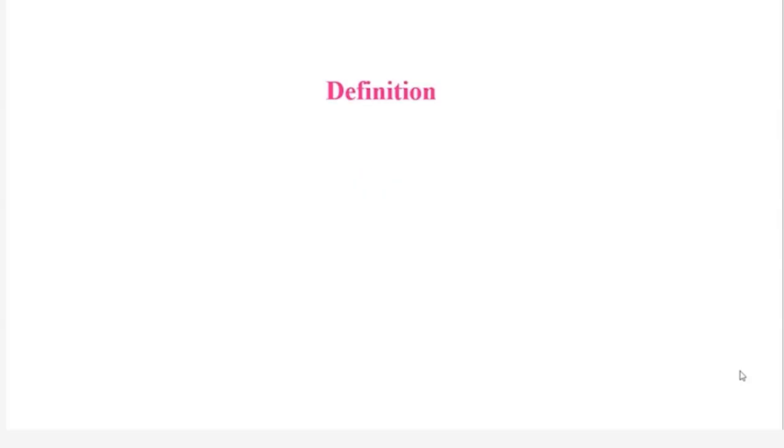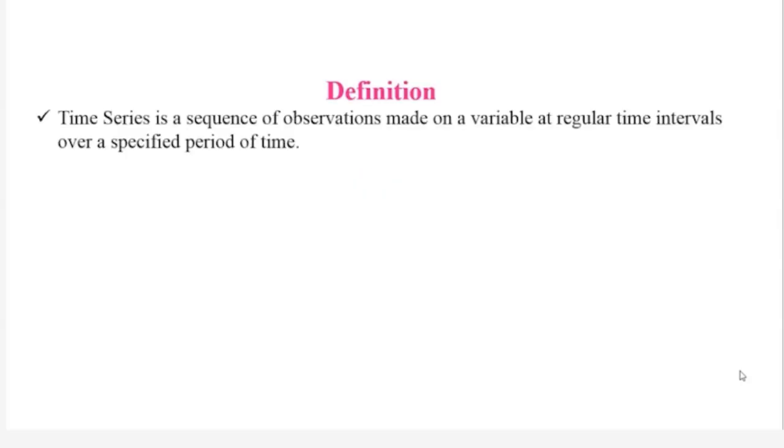Yes, definition of time series. Time series is a sequence of observations made on a variable at regular time intervals over a specified period of time.